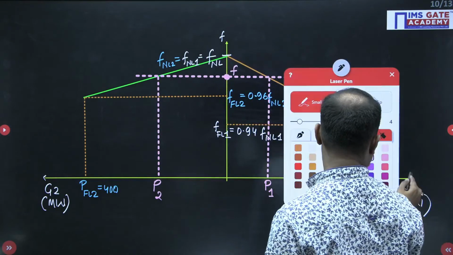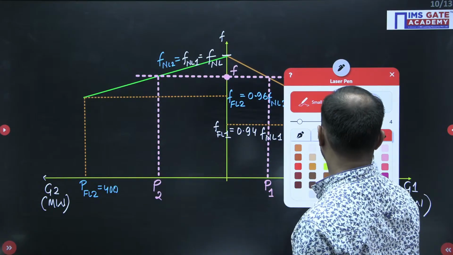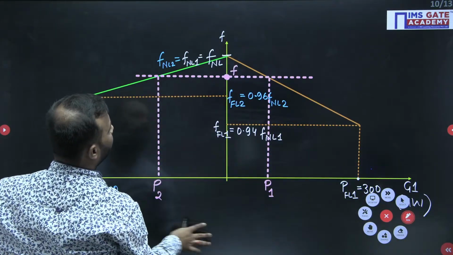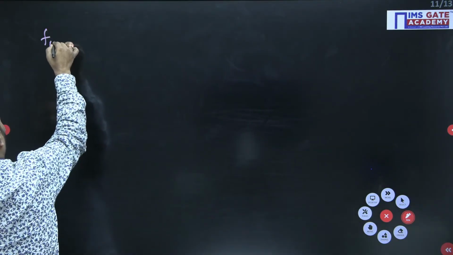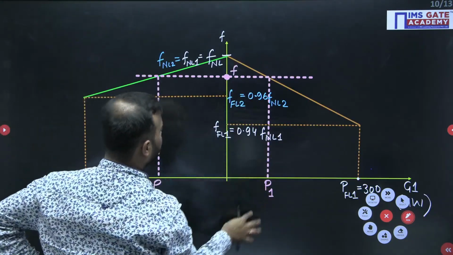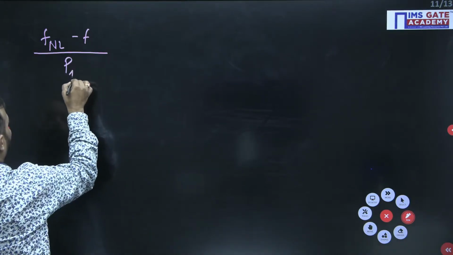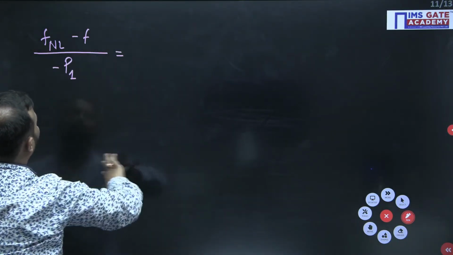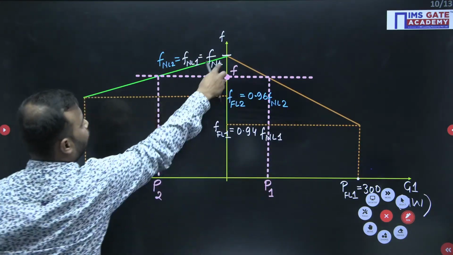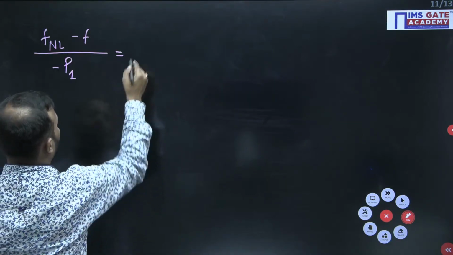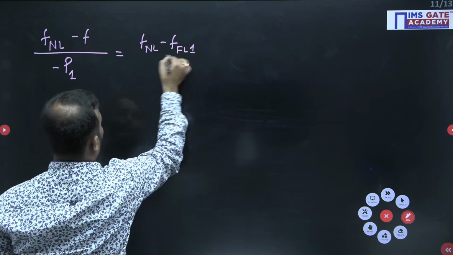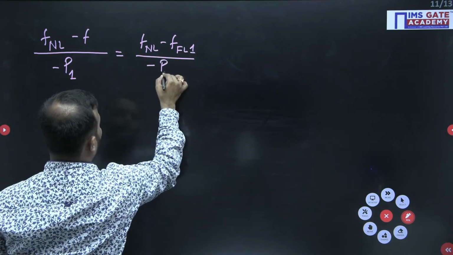Then I can say that this frequency F no load minus F divided by the power P1, minus P1, must be equal to, because these two are similar, F no load minus F full load 1 divided by minus P full load 1.